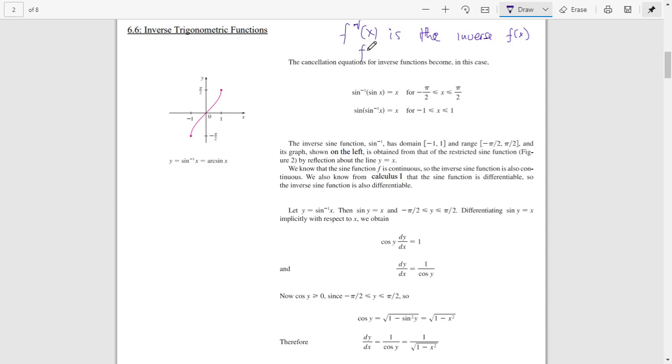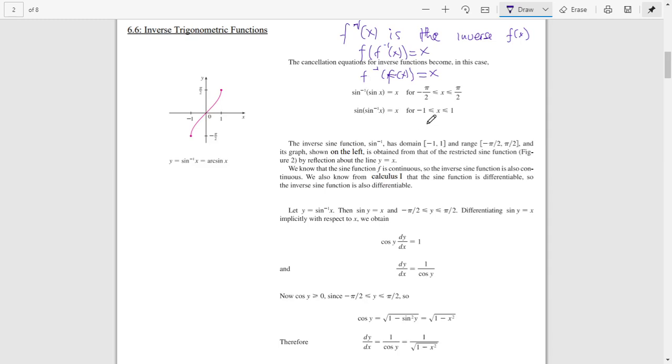It tells us that f of f inverse of x is equal to x. We saw this in 6.1, and that f inverse of f of x is also equal to x. So if we apply the same concept here using inverse sine, we have that inverse sine of sine x is equal to x, and here we have that sine of inverse sine of x is equal to x.